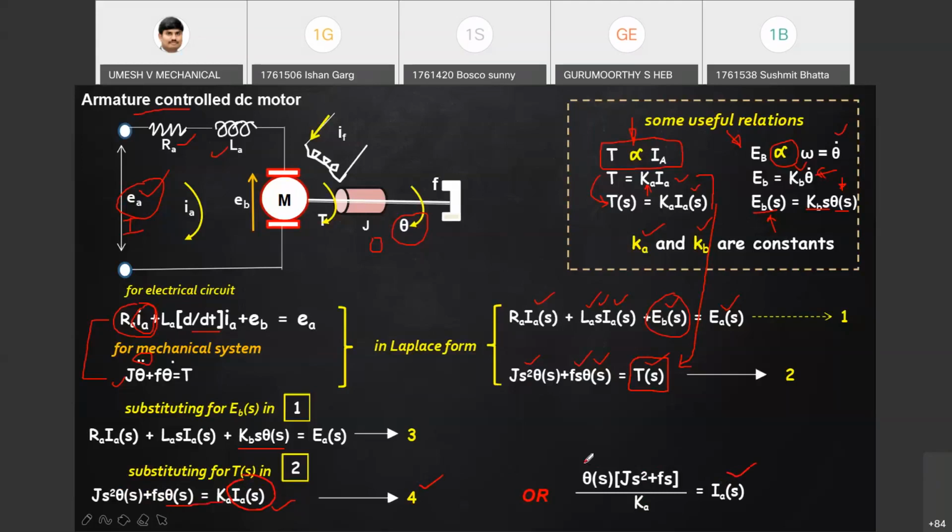So theta(s) is common. In the bracket, you have Js squared plus f s divided by Ka equals Ia(s). So an equation you have for Ia(s). I will carry this to the next slide. That is equation 5.